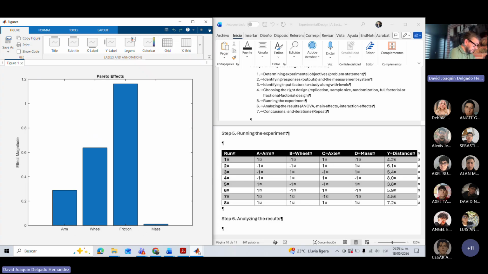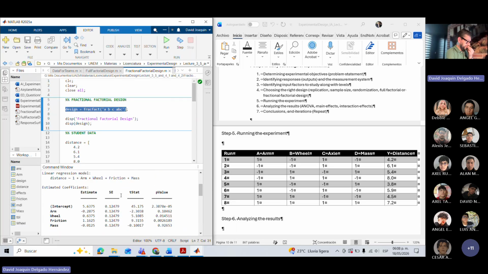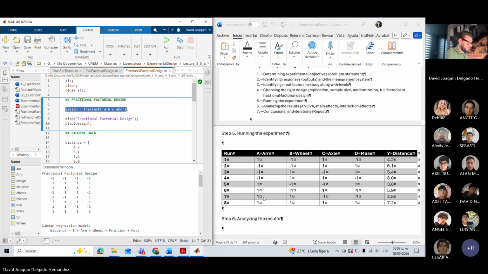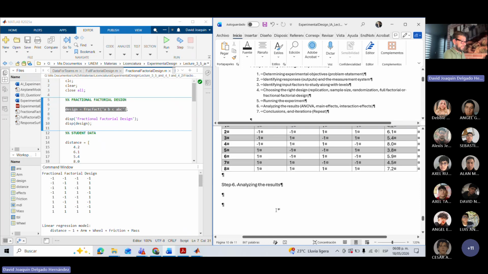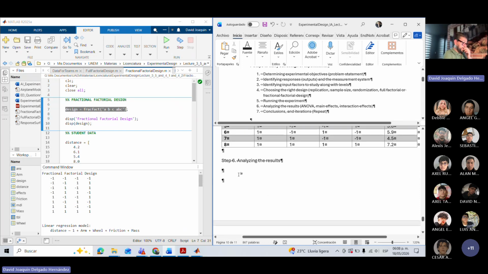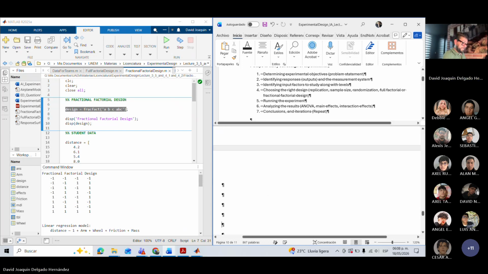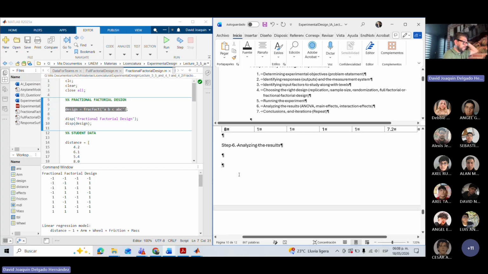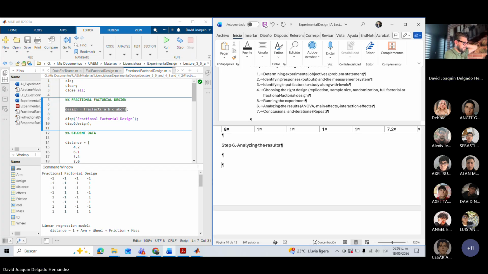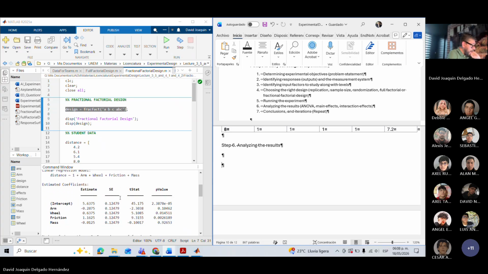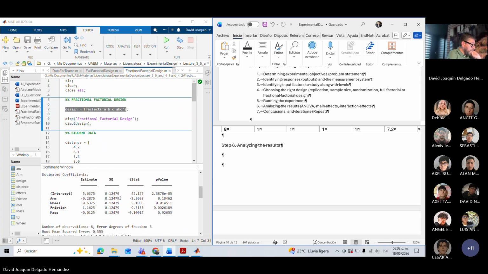So let us go to the analysis of results. I am going to write it here in the Word document. If you run this script, we carry out exactly the same analysis as the previous case.